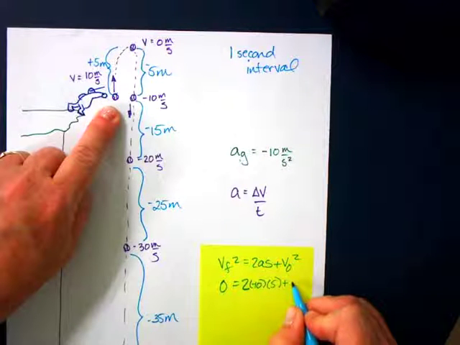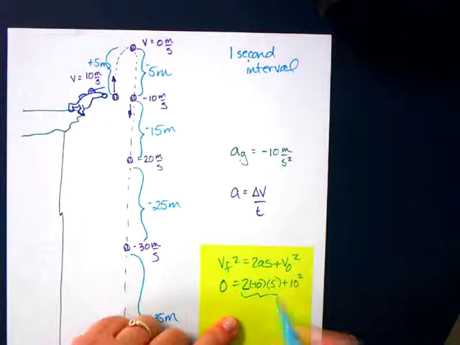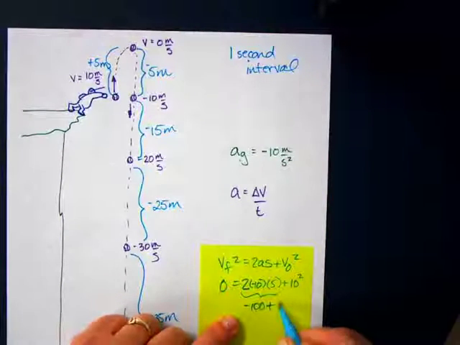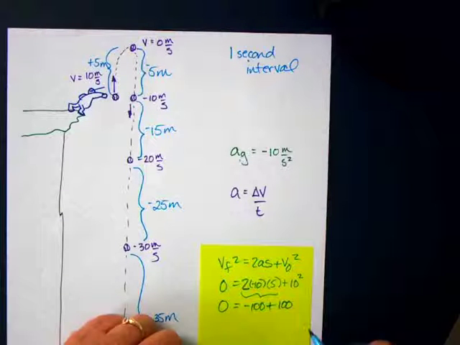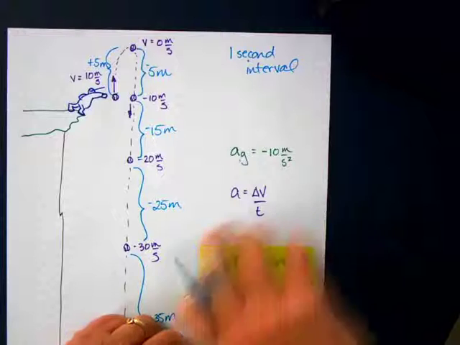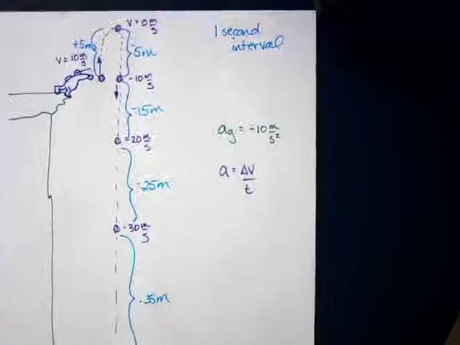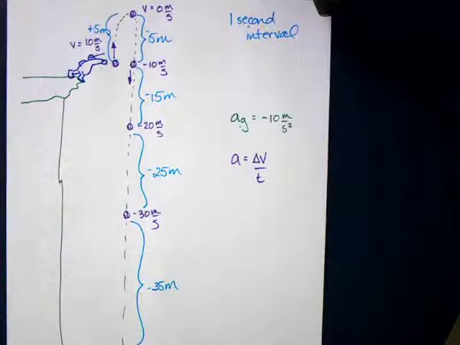What's the distance traveled between those two? 5 meters. What's the initial velocity when he released the ball? +10 meters per second. What's 2 times -10 times 5? -100. What's 10 squared? +100. What does it equal? Yee-hee! See? They all work.